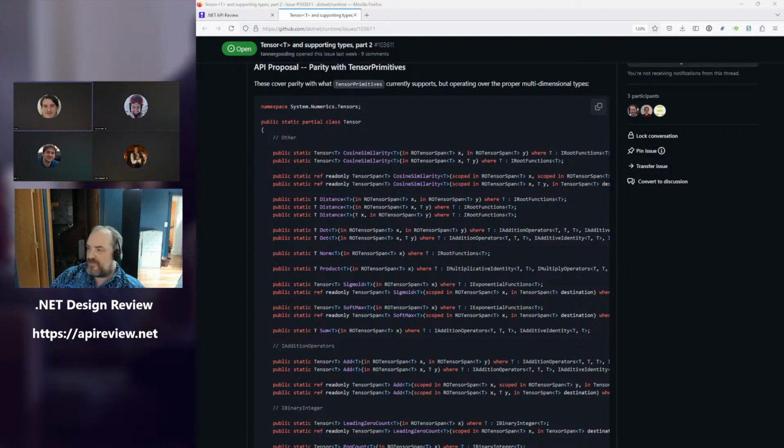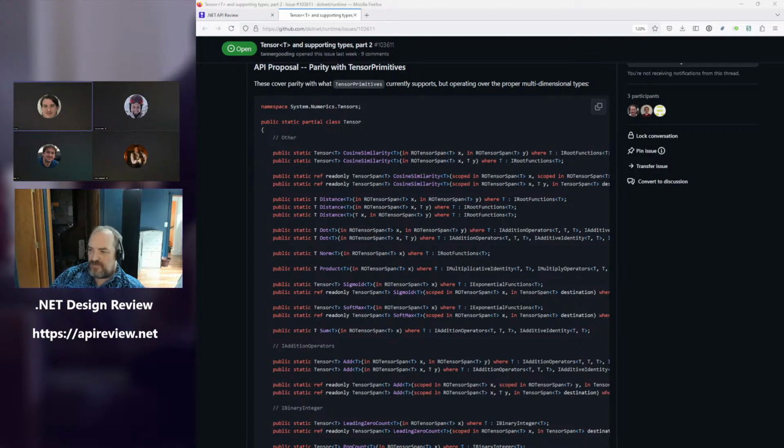The signatures then have the scalar parameter where it makes sense. If the operation is commutative, then we only have the scalar in one position. Otherwise, we have the scalar available in either position.